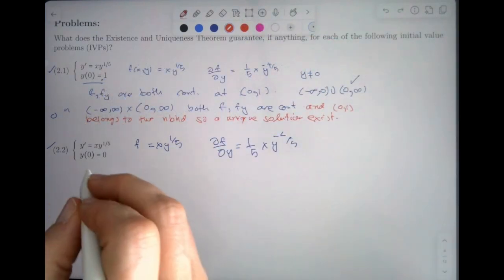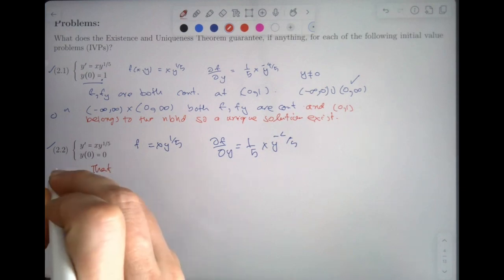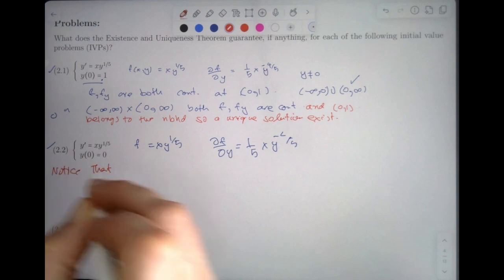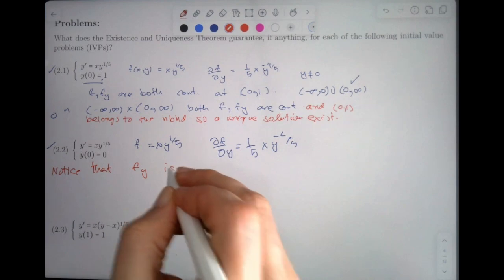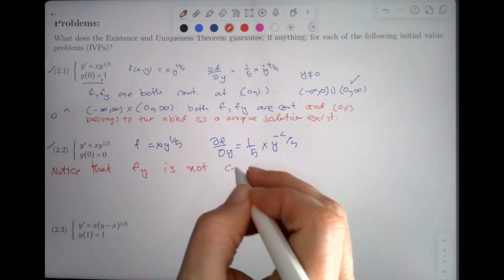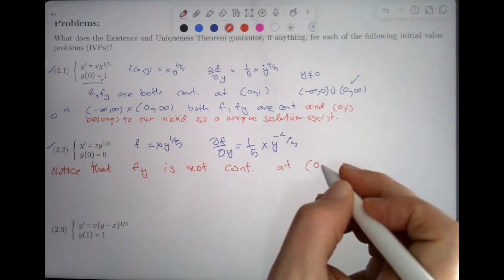In the next part, notice that f sub y is not defined, hence not continuous, at 0 and 0.